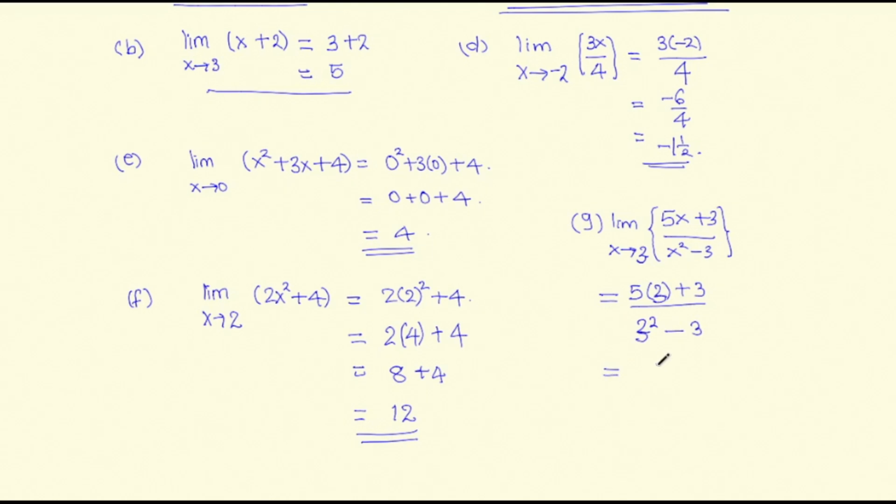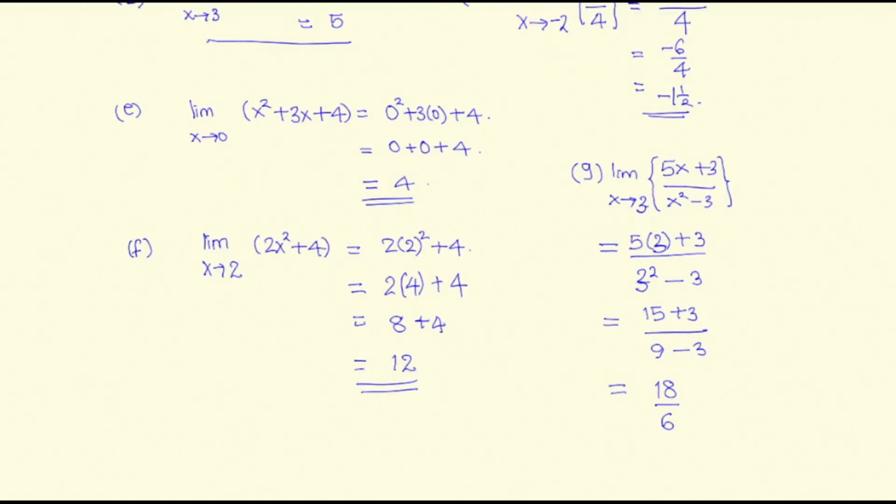So we can simplify the numerator and also the denominator. So this one is 15 from the first term plus 3, and then the first term of the denominator, 9 minus 3. So 15 plus 3 is 18. Then 9 minus 3 is 6.